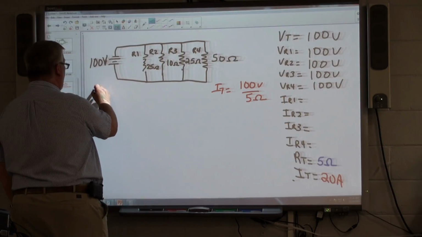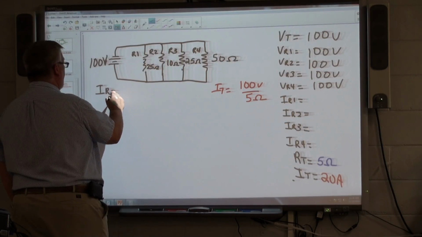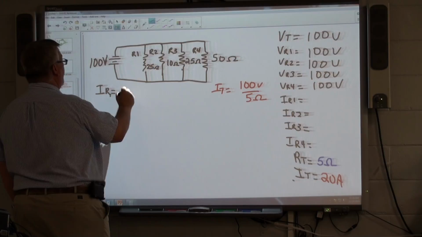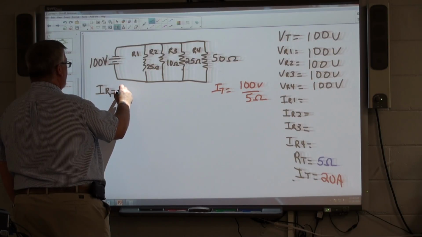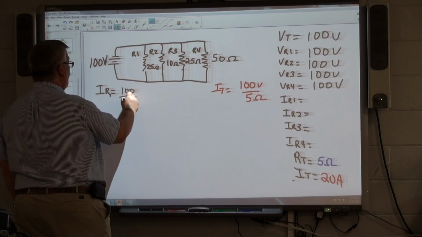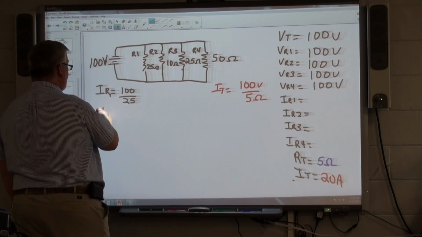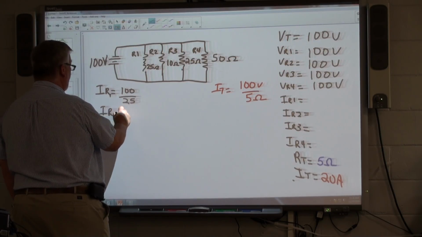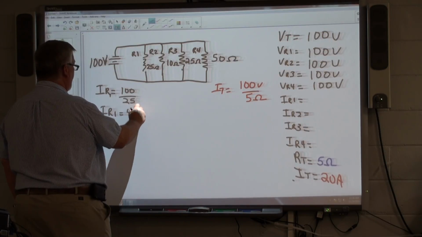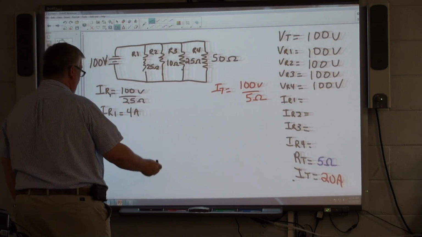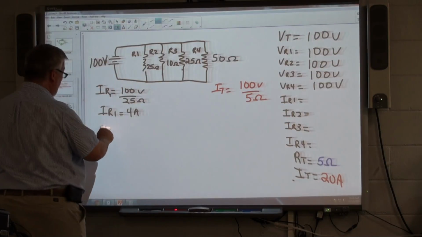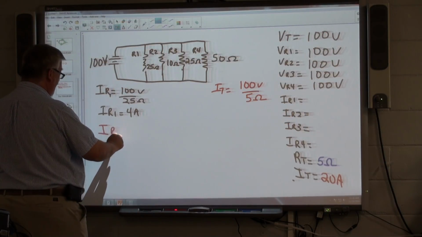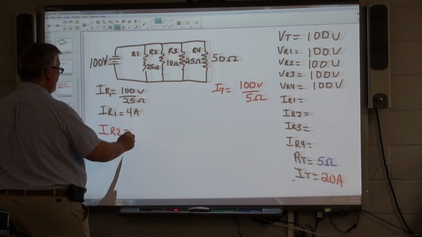So let's do the I of R1. That would be I equals V, 100 over 25, right? So what is IR1? 4 amps, right? All right, let's do IR2. And our group is the same thing. Yep. We got the same values.